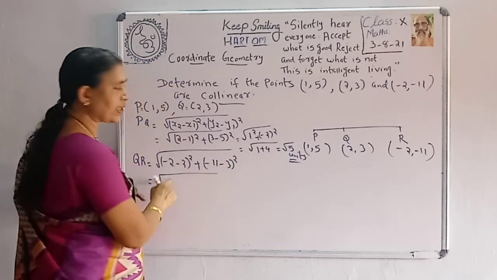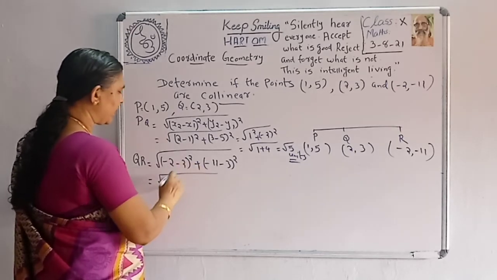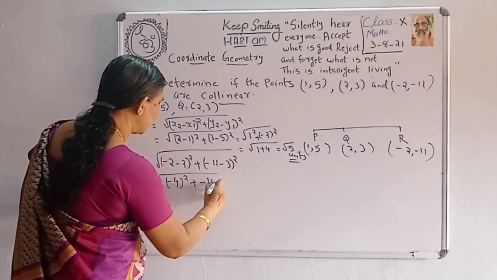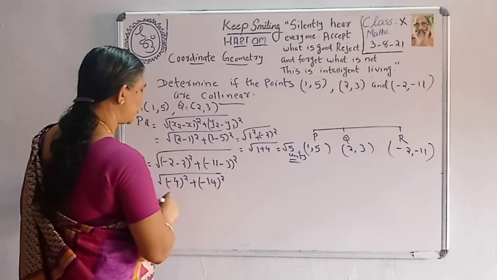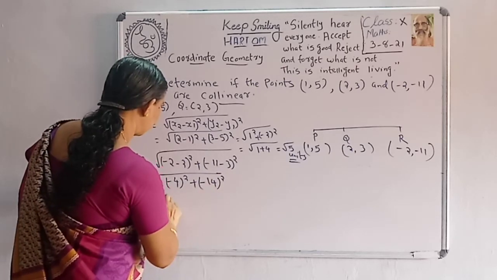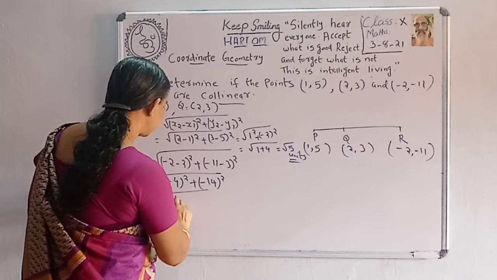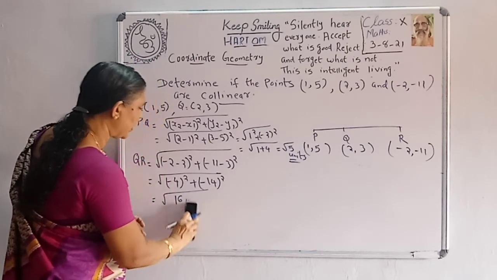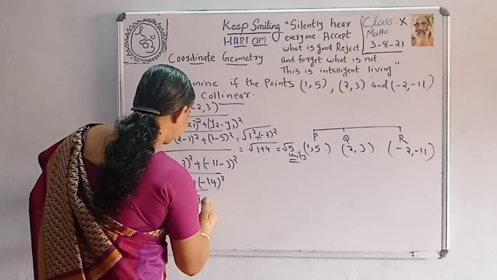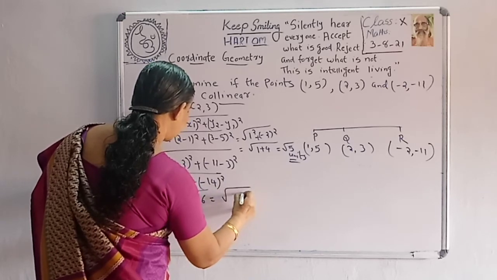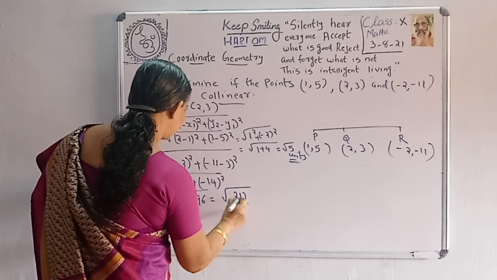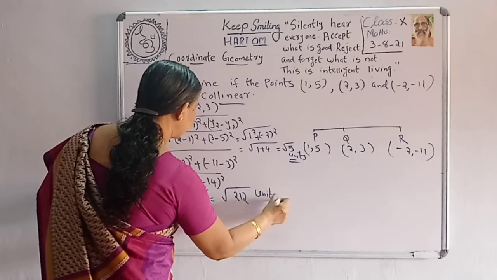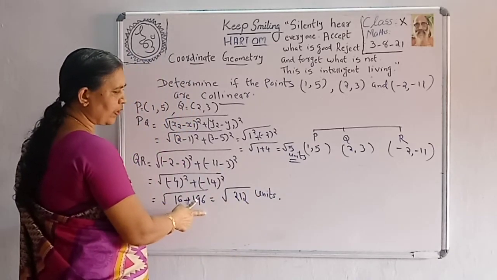That is the square root of (-4) the whole square plus (-14) the whole square, which is the square root of 16 plus 196, that is the square root of 212 units.